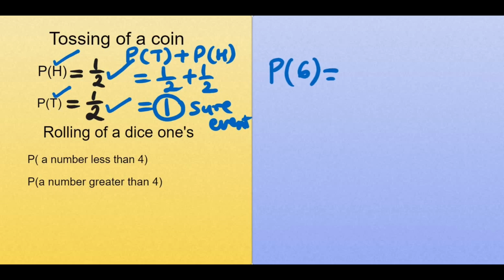Since in case of a coin we don't get the number 6, the favorable outcome is 0 out of the 2 outcomes. The 2 outcomes are head or a tail. So 0 by 2 is 0. So probability of getting a number 6 or getting a certain card color or card number is completely 0. So this is the probability of an impossible event.